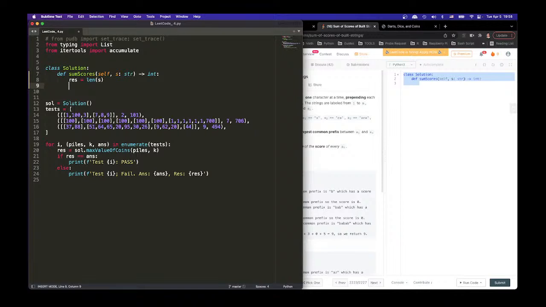If it's smaller than this, then this will be the one.